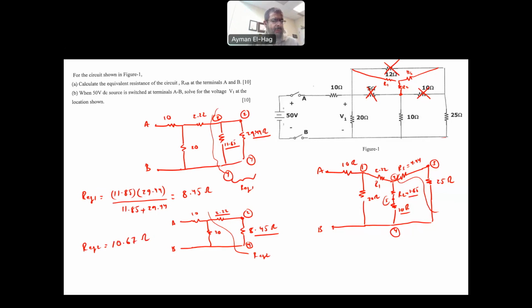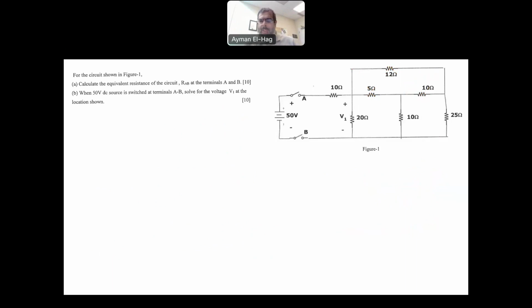Okay, let me continue now, and let me redraw the circuit again. So what we will have here is 10.67 ohm between node 2 and node 4. And then you will have here 20 ohm, and you will have the 10 ohm. That is the final circuit. So this is 2, 2, 4, and this is node 1.